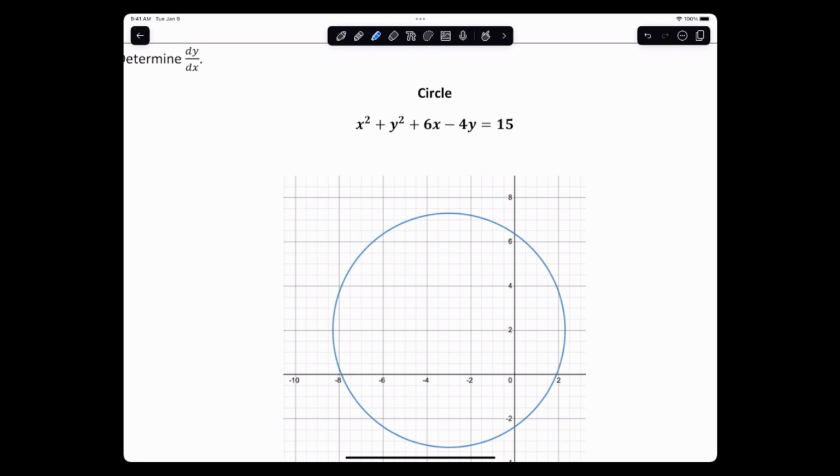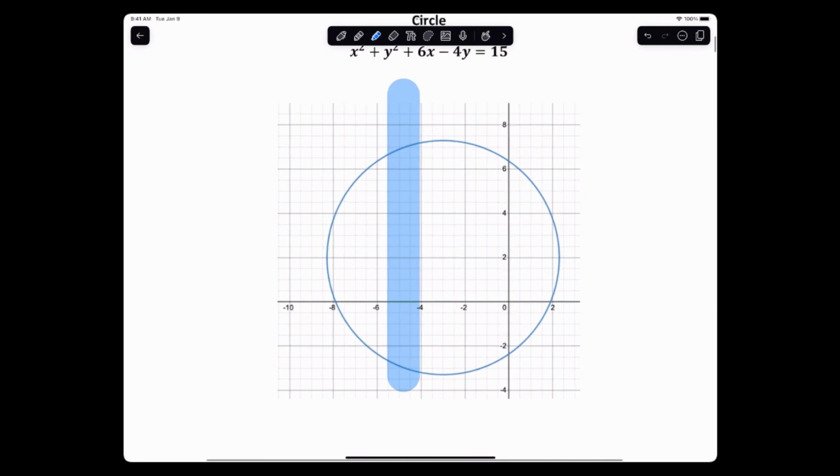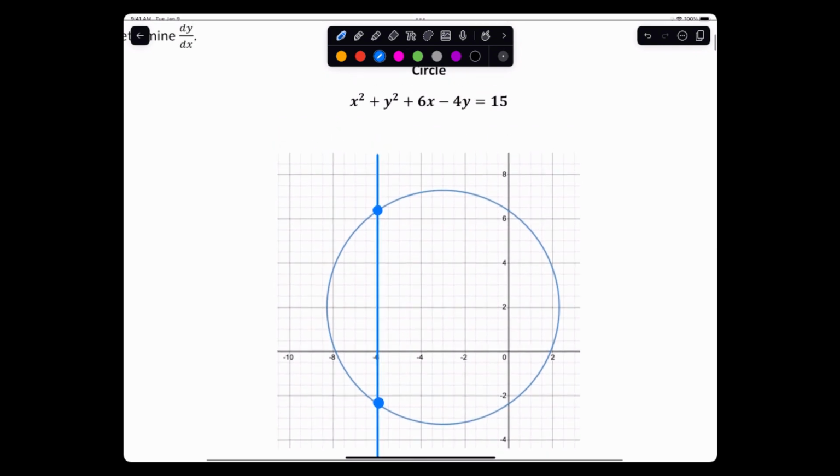Now, this is a relation. So how do we know it's a relation? When you look at the graph, there's something called the vertical line test. So the vertical line test tells you that this is a relation, just so you guys know. And if you actually draw a vertical line and you hit your curve at more than one spot, then you know that this is a relation.